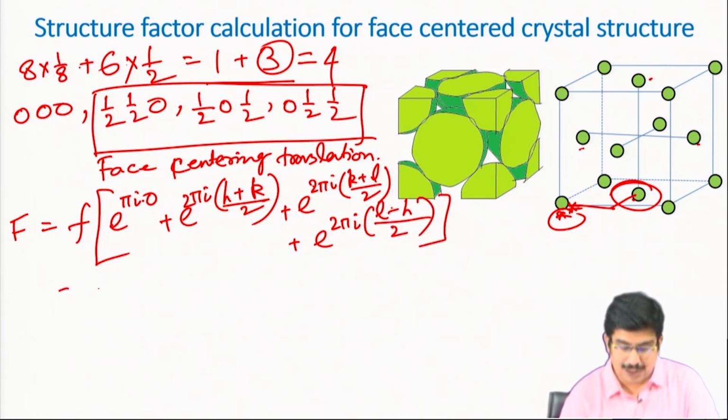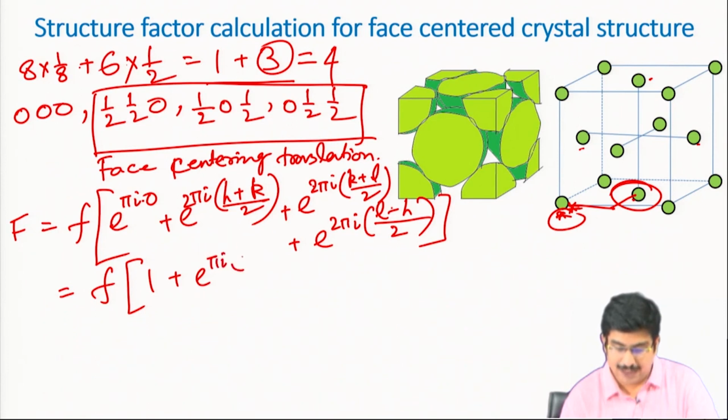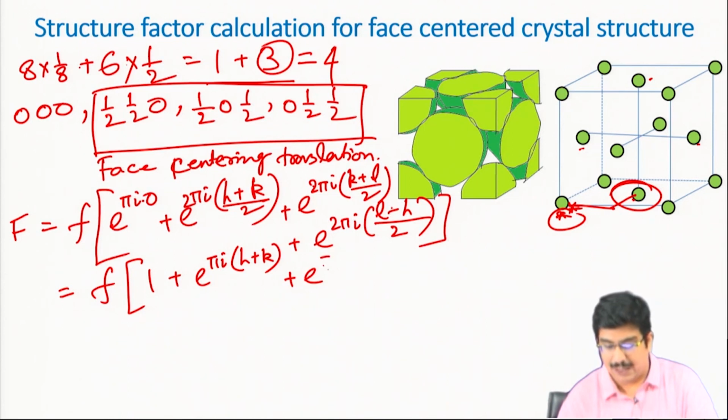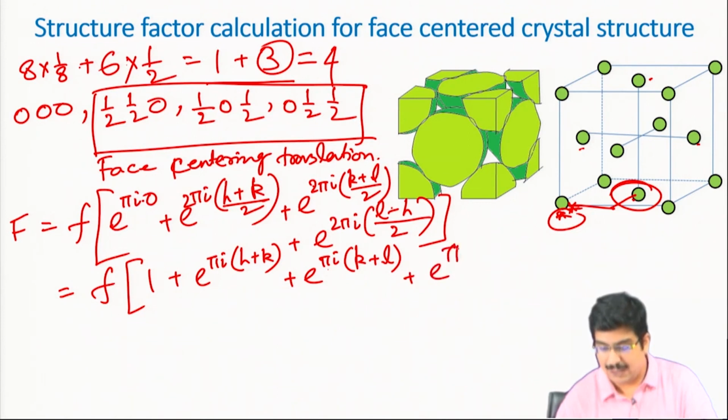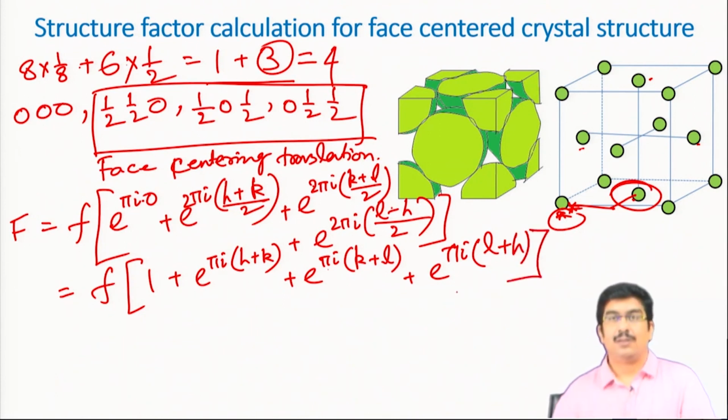Altogether it is giving us F equals f times 1 plus e to the power pi i (H plus K) plus e to the power pi i (K plus L) plus e to the power pi i (L plus H). Okay. Right.